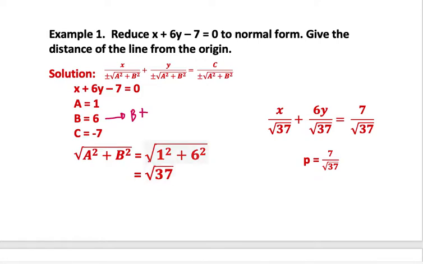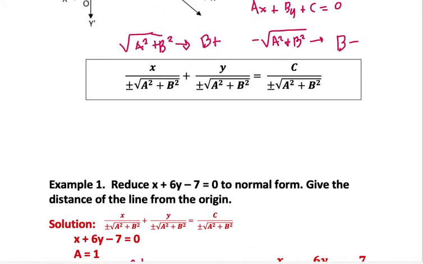So this is equivalent to the square root of 1 squared plus 6 squared. 1 squared is 1, then 6 squared is 36. So 1 plus 36 is 37. So this is the square root of 37, which will now be our denominator in the reduced form. So x over square root of 37 plus 6y over square root of 37 equals 7 over square root of 37.